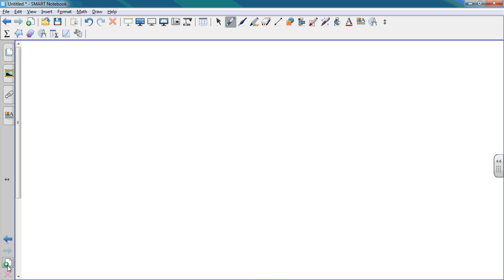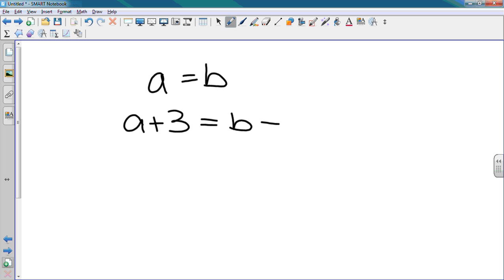Now, suppose that I have A equals B. Because of the equality property of addition, I can say A plus 3 equals B plus 3. I can add 3 to both sides.